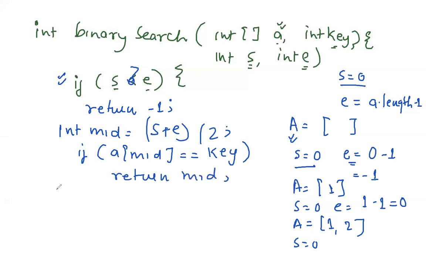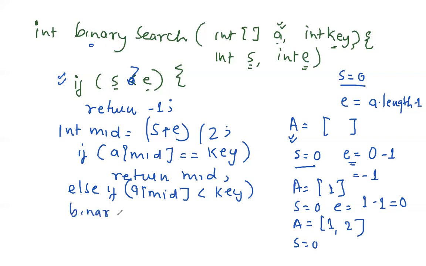Else, what will you do? If A of mid is less than key, then you have to go on the right hand side because key is greater. So you will just call the same function, binary search, again A, the key. Here your start will change.